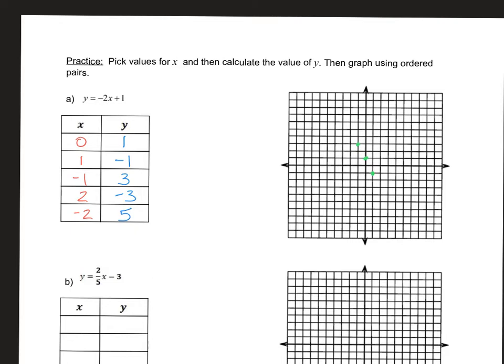And so my next point at 2, -3 gives me a little confirmation of the shape I see. And my last point at -2, 5 makes me feel really confident. Those 5 points all line up. And so I'm going to connect those 5 points, extend it the width of the grid, arrows on the end.